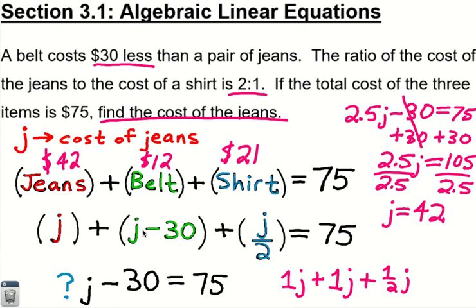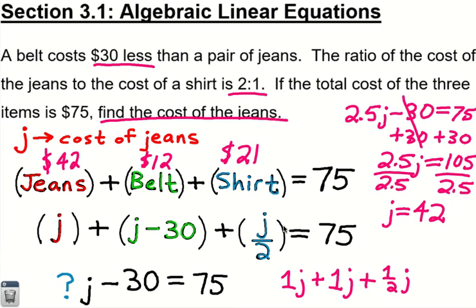I don't want to reinvent how we did this problem, but technically this was a second equation that we could have written separately: B equals J minus 30. And this right here on its own could have been a third separate equation, as in S equals J over 2.